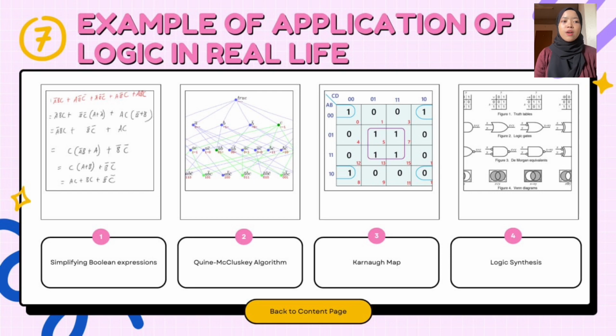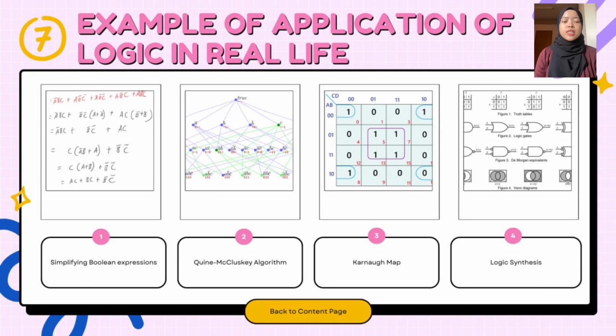Thirdly, we have the Karnaugh map. This is a graphical method for simplifying Boolean expressions by grouping together adjacent terms that differ by only one variable. This allows for identification and elimination of redundant terms in a Boolean expression. The fourth one is logic synthesis.